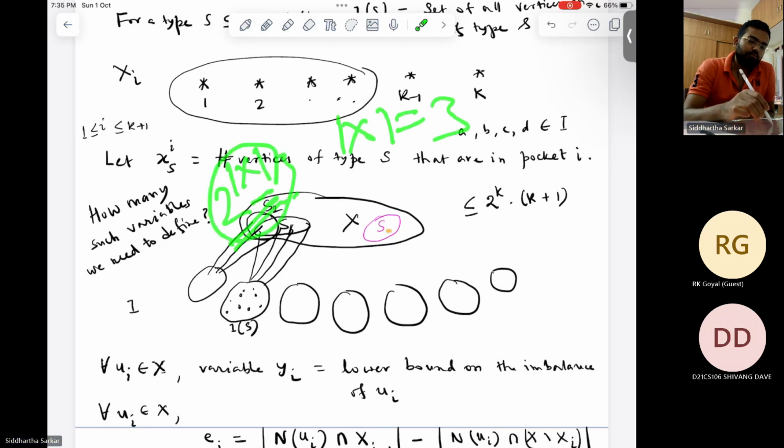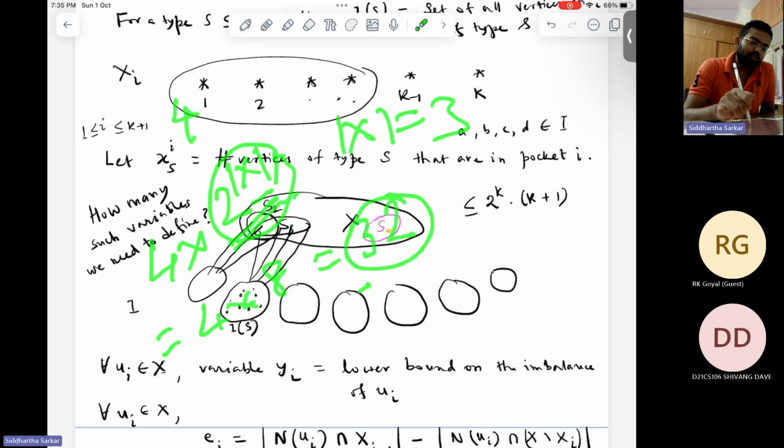Now, number of pockets is K plus 1, that is 4. So you have 4 into 2 to the 3, that is 4 into 8. So you have already 32 variables for a vertex cover of size 3.